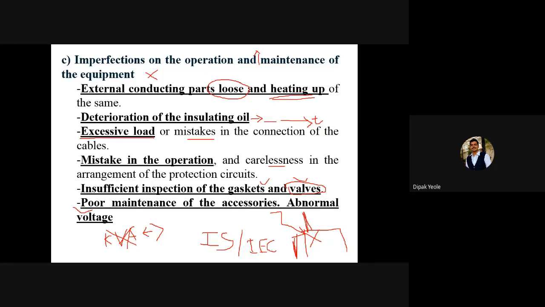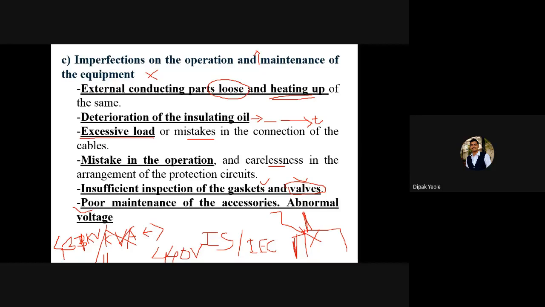Abnormal voltage means we are interested to get 440 volt from that particular transformer. Let's say we are using a power transformer 33 kilovolt by 11 kilovolt. It is under the category of power transformer, and if by mistake the 33 kilovolt is not supplied, and instead 43 kilovolt is supplied, then obviously this is called abnormal voltage.